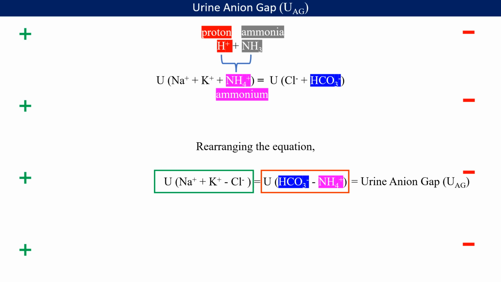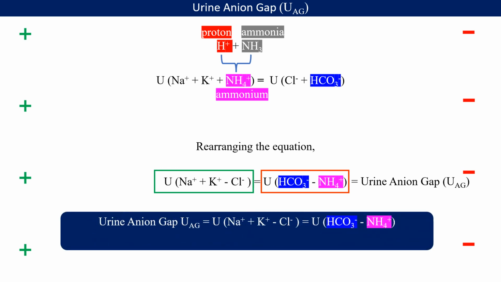Essentially, the urine anion gap gives us an idea of how much bicarbonate and ammonium we have in the urine. Under normal acid-base conditions, urine anion gap typically ranges between positive 30 and 50 millimoles per liter.